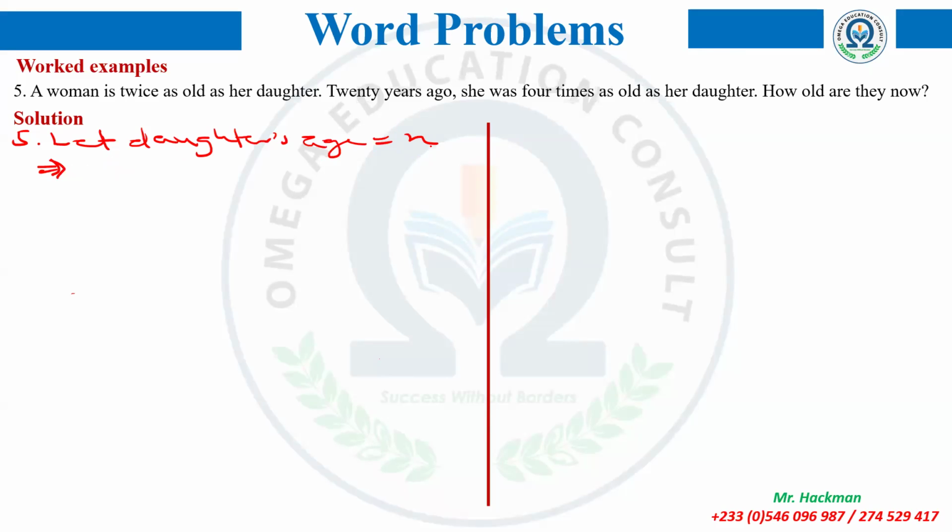If x is the daughter's age, then it implies that the woman's age will be equal to what?